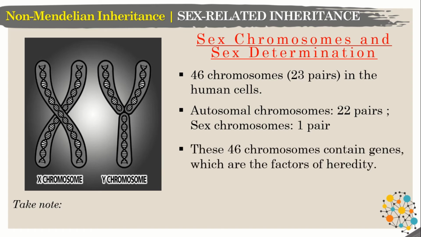So these 46 chromosomes contain genes which are the factors of heredity. That's why when you look at your sibling, at some point you have similarities with them. Okay, so take note that your X chromosome is bigger than the Y chromosome. Okay.